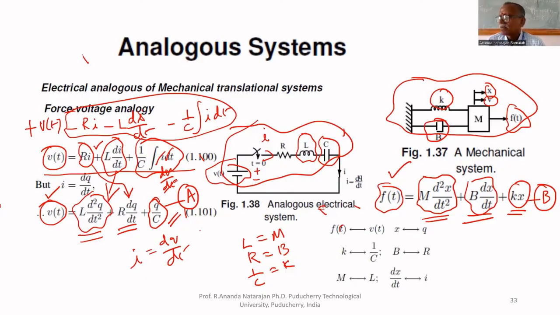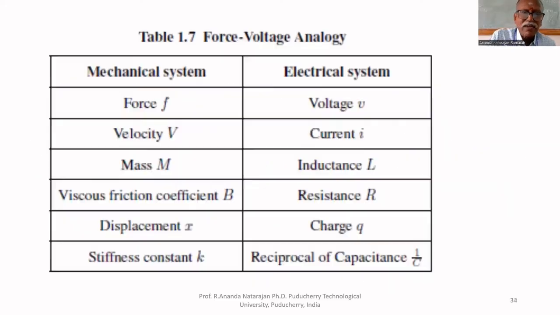Replace M by L, replace B by R, replace K by 1 upon C. You find the L, which is equivalent to M, the R, which is equal to B, and the C, which is equivalent to 1 by K. So you have to find an inductor whose value is equal to M, a resistor whose value is equal to B, and a capacitor C whose value is equal to 1 upon K. That's all. You can construct an electrical system.